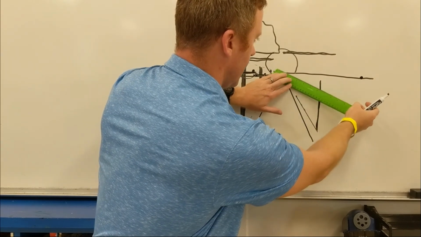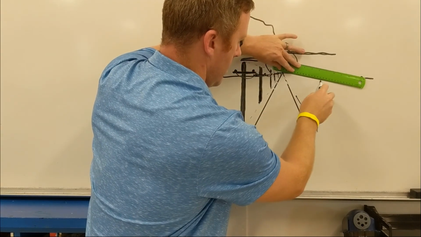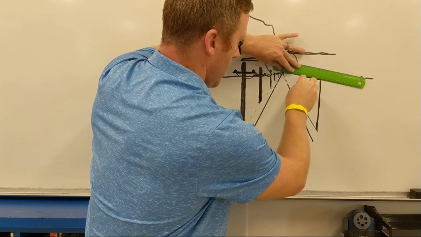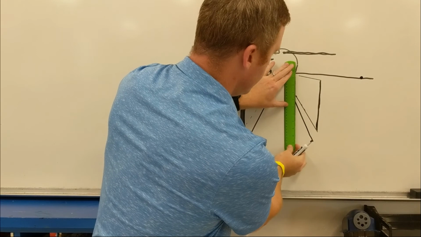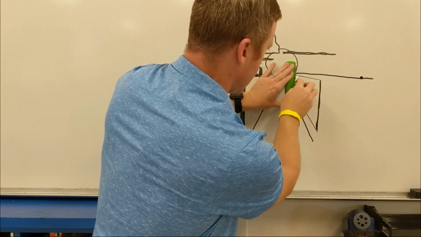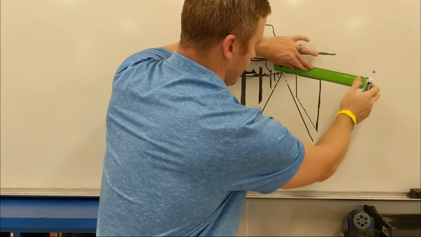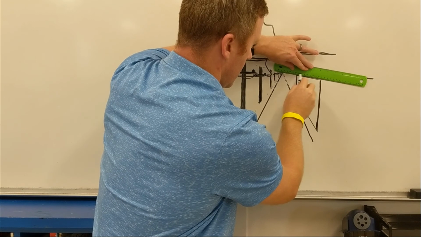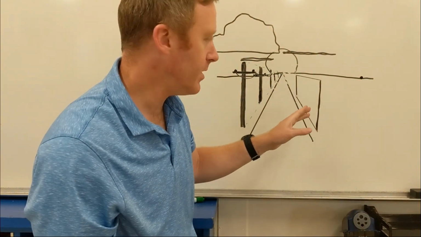I'm going to make sure that I line up with the top of my building. And then I'll make sure that my line goes straight up and connects. So I've got one wall of my building.